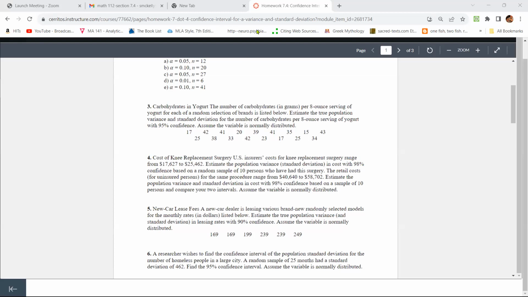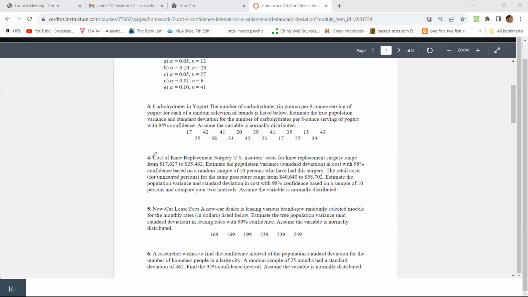Now, the other part to this is a little bit sneaky because technically it's a 4-part question. Okay, it doesn't look like it, but it is.